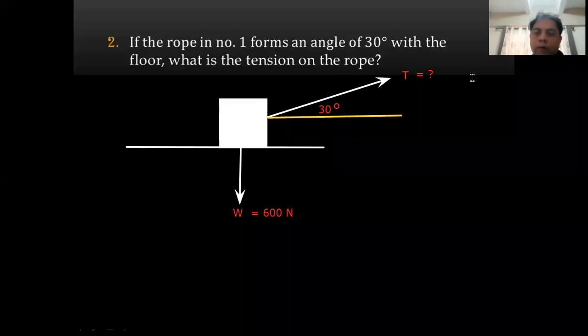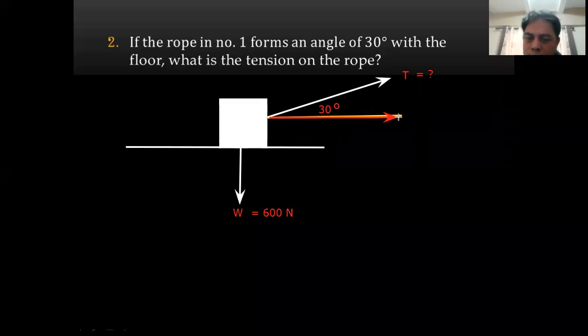Okay, so if we draw our situation, we are looking for our tension T, which forms an angle of 30 degrees with some horizontal line here. Now, if you will notice, we will still observe that our tension T, since it has an angle, will create two types of components of forces.